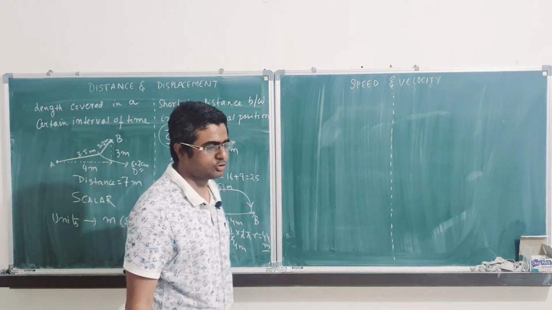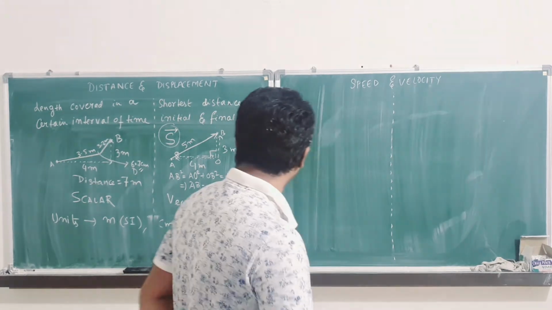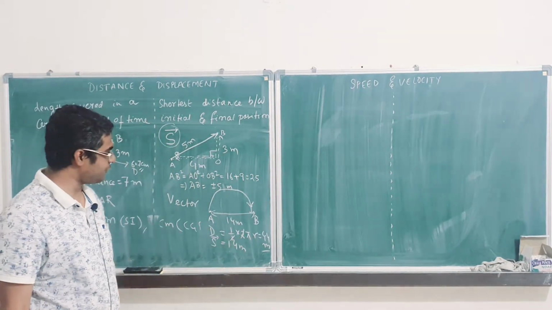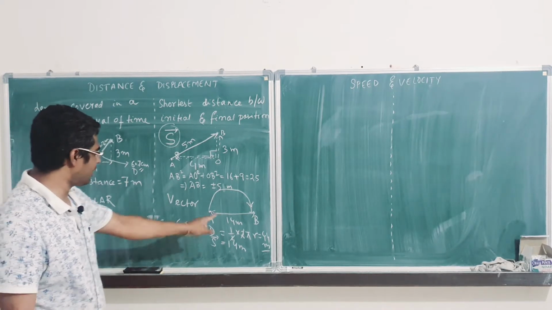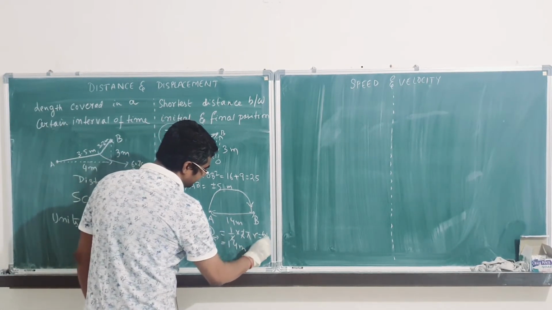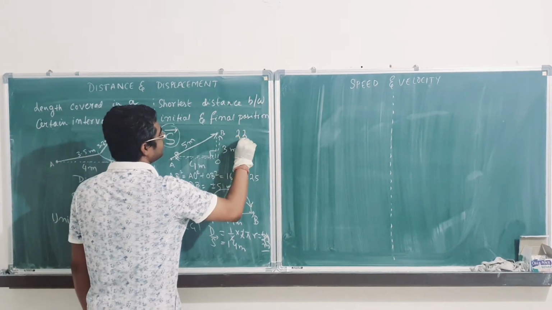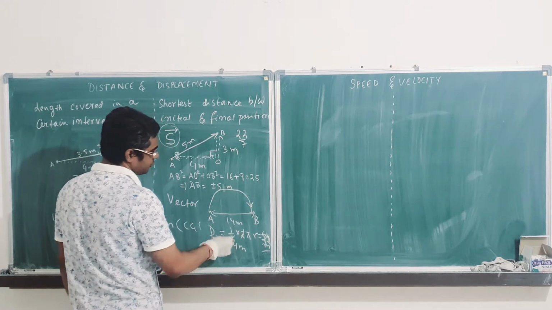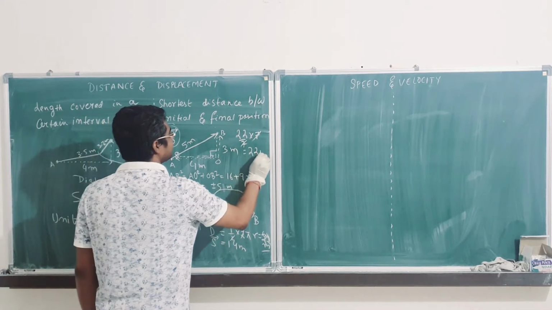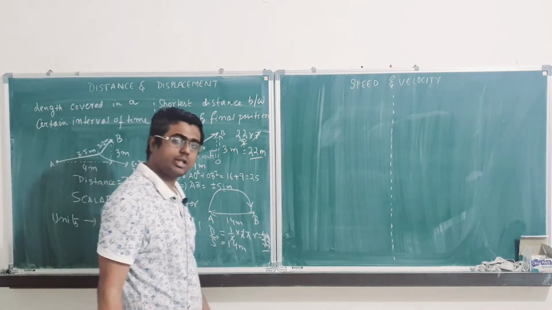But sorry, radius is 7 meters, so this will be 22 only. Can you calculate yourself or I will show? 22 by 7 into 7, so 7 cancels out, 22 meter. So distance is 22 meter, but displacement is only 14 meter.